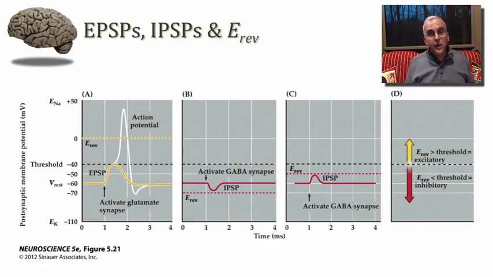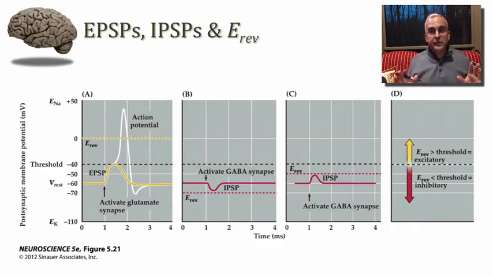Now, if you're following along with the tutorial handout that I've given you, I'm asking you a question at this point: can the same neurotransmitter give rise to excitatory postsynaptic potentials and inhibitory postsynaptic potentials?